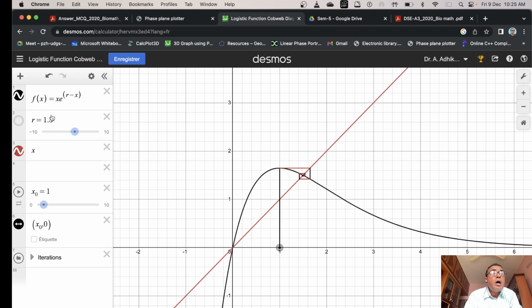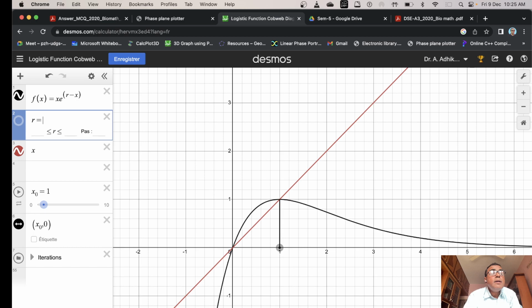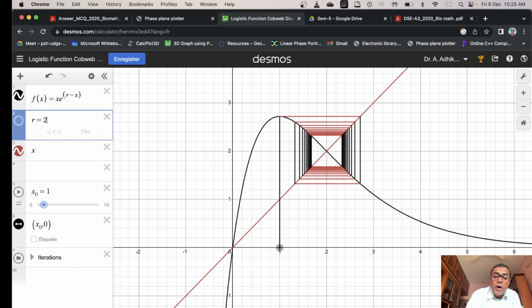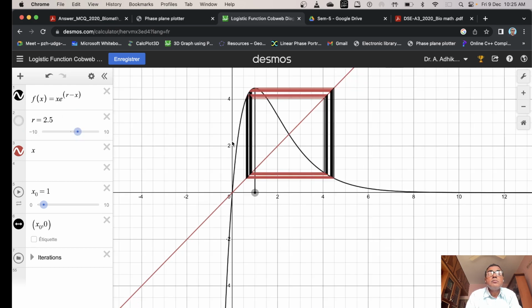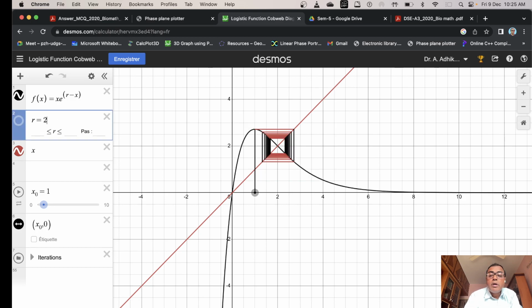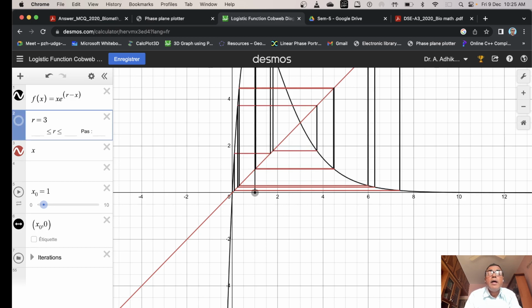If r is greater than 2, say 2.5, or r equal to 3, put r equal to 3 here.